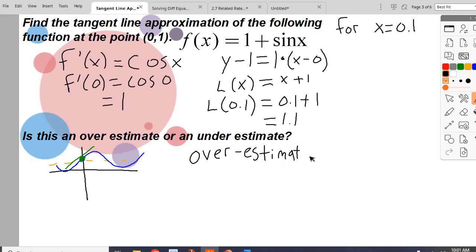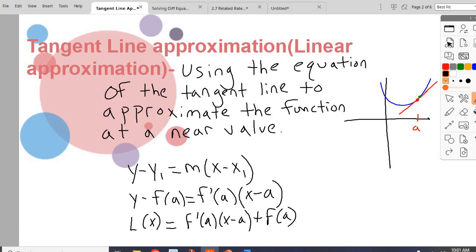Now, do we know what makes that an over versus an underestimate? What makes it above it versus below it? It's not necessarily increasing or decreasing. It's the other one. Notice that this one is concave up.